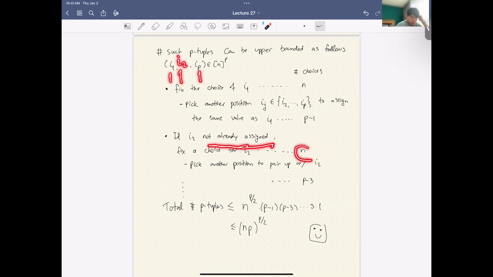So you assign some value 1 to n. Again, you assign 1. The problem now is that you don't need to pair up I2. But probably this is fine because we multiply by n P over 2 times. If I2 takes the same value, wait, how to say this? It's not rigorous yet. Let's make it rigorous.